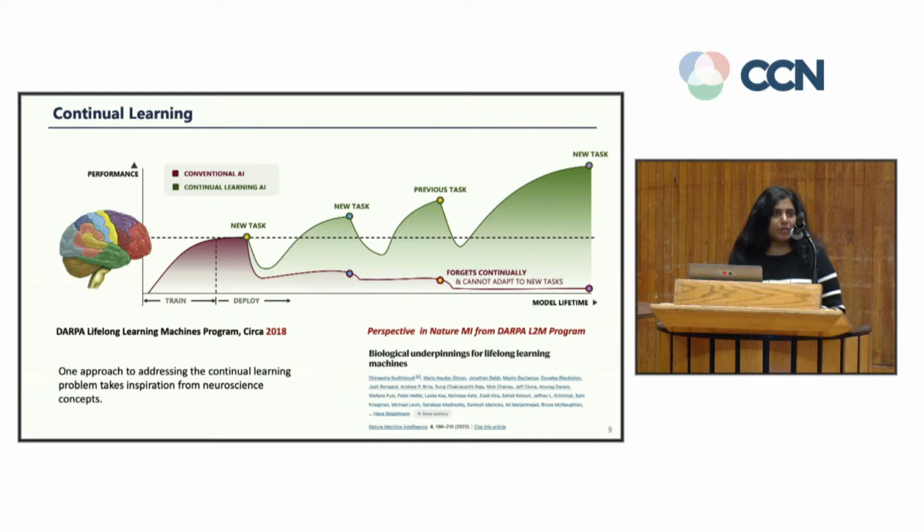There are lots of machine learning researchers and teams who are looking at this problem, but one approach to addressing the continual learning problem can take inspiration from neuroscience concepts. That's the perspective on the right, where you see the cartoon from the Nature Machine Intelligence article. About 44 authors worked on how to design these continual learning systems when you're taking inspiration from the biological counterparts.